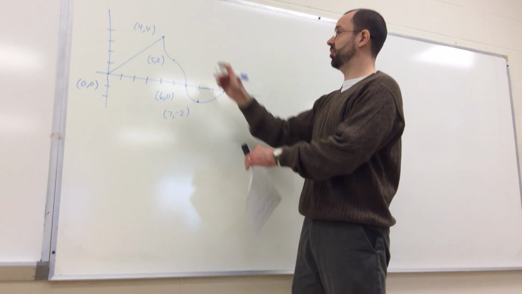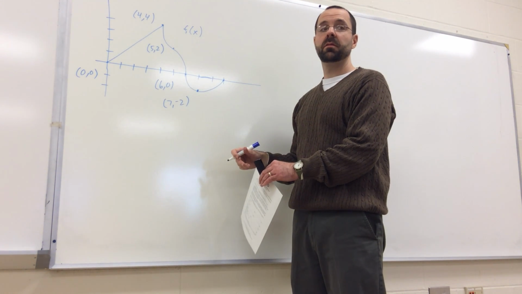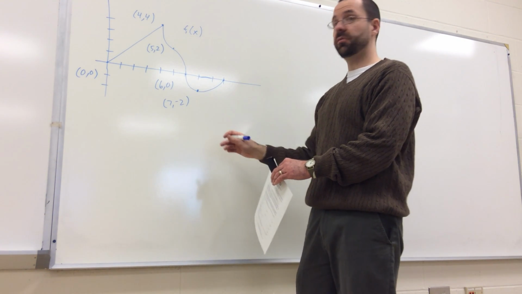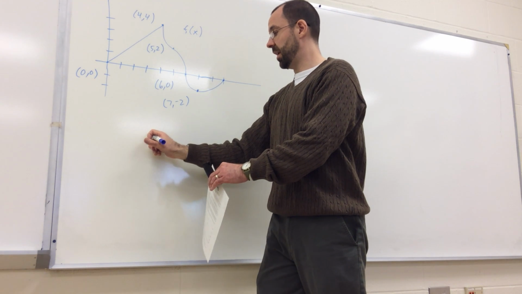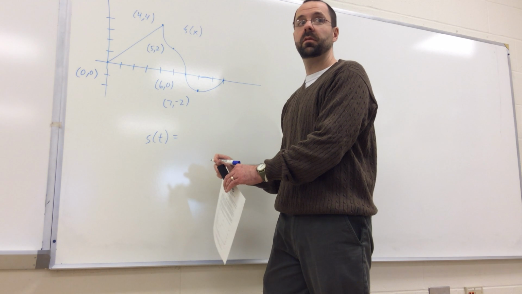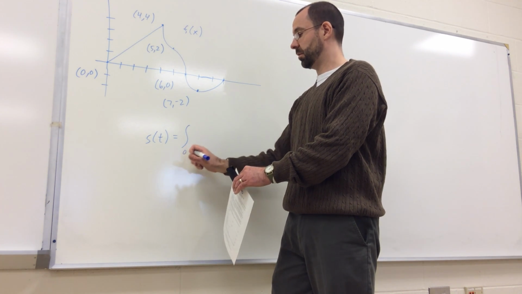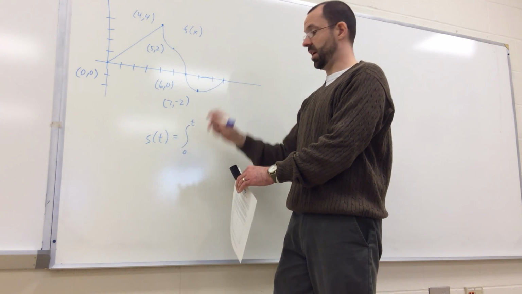Okay, so this is a picture of f of x. And then I'm going to give you further information that the position function is the area under this f of x.